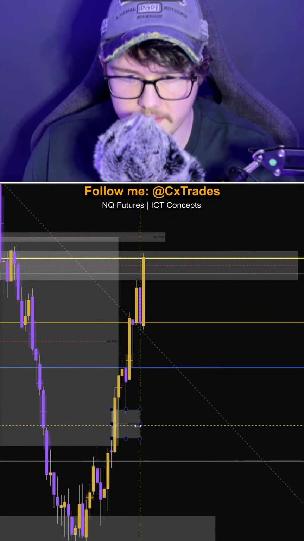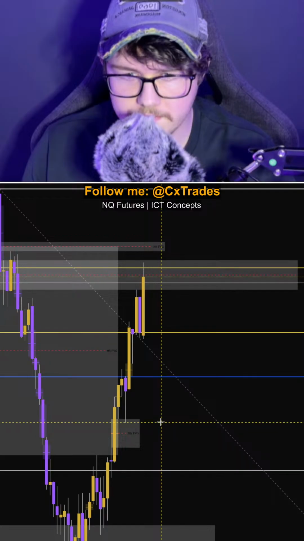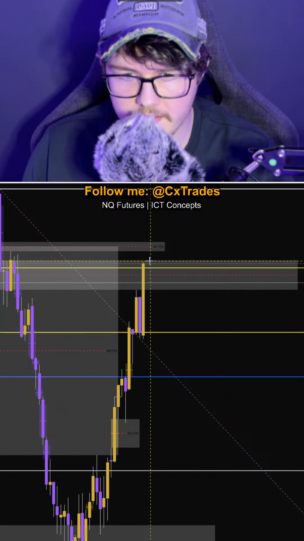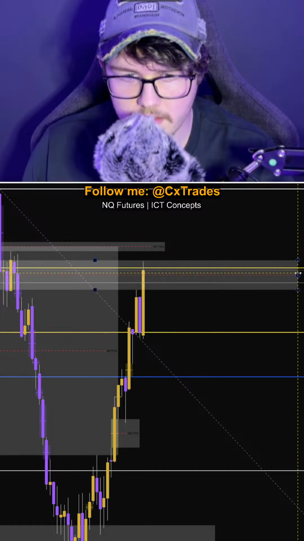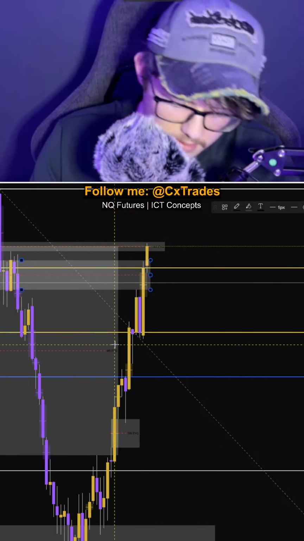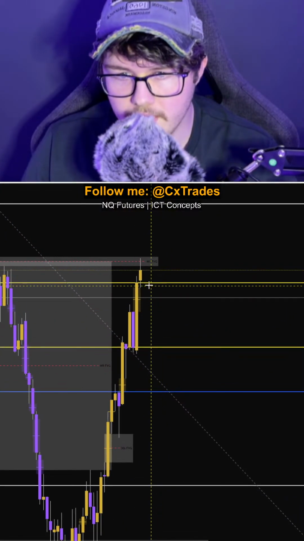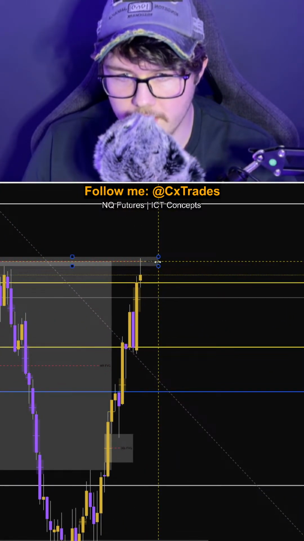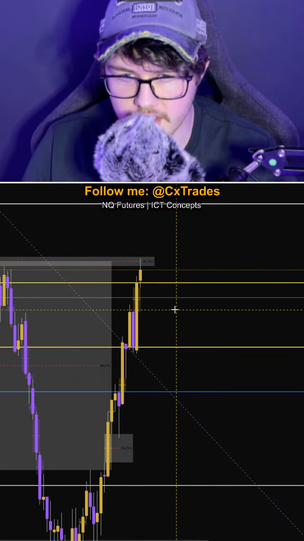No, it looks insane. Okay, so the high of this is this 15-minute immediate rebalance, which we got. So this is no longer an M15 gap. So there's the M1 first presented FVG.